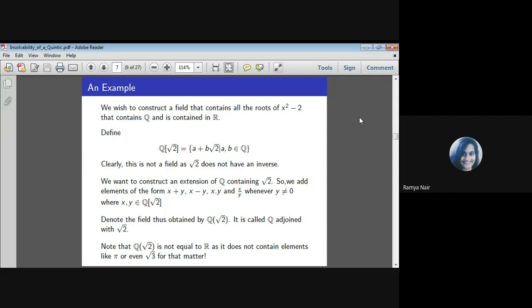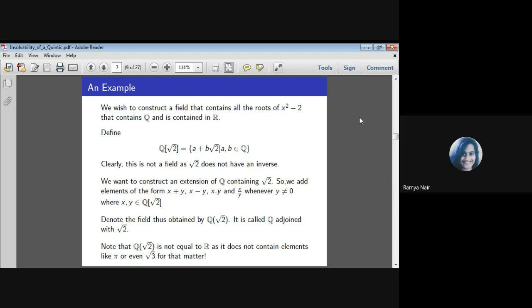There is no way you can get to elements like pi or square root of 3 in that field. So this is an example of a field extension. This field Q adjoin root 2 is an extension of the field Q, which contains all the roots of this polynomial x squared minus 2.